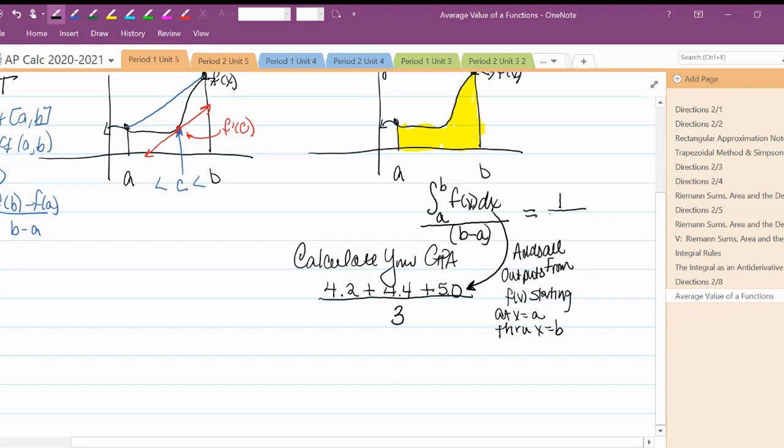We would pull that 1 over b minus a out front of our definite integral, and then have the integral from a to b of f of x dx. And that is the average value of a function, f of x.